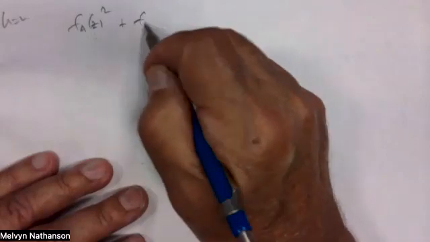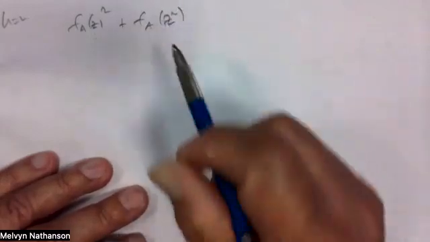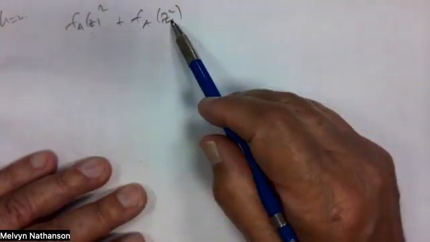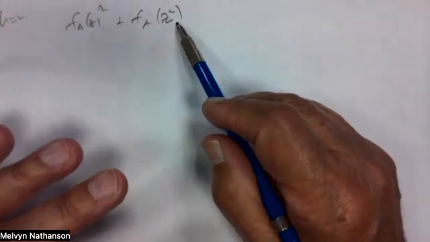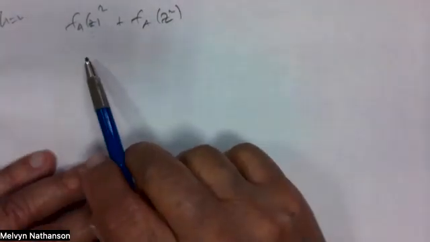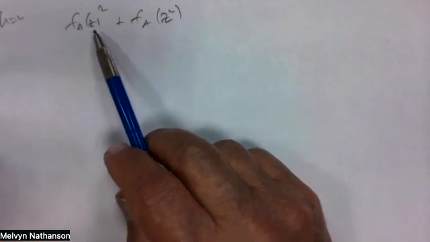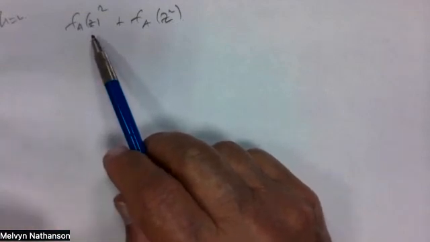But if I add to this f sub A of z squared, here I'm just counting the representations of the form a plus a for an element a in the set. So this is just counting those special representations a plus a. If I add the two of these together, now I'm counting every representation twice, right?